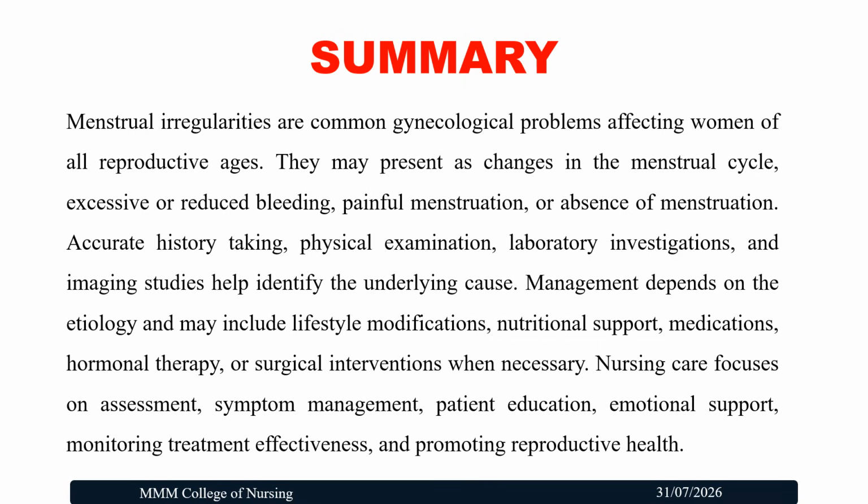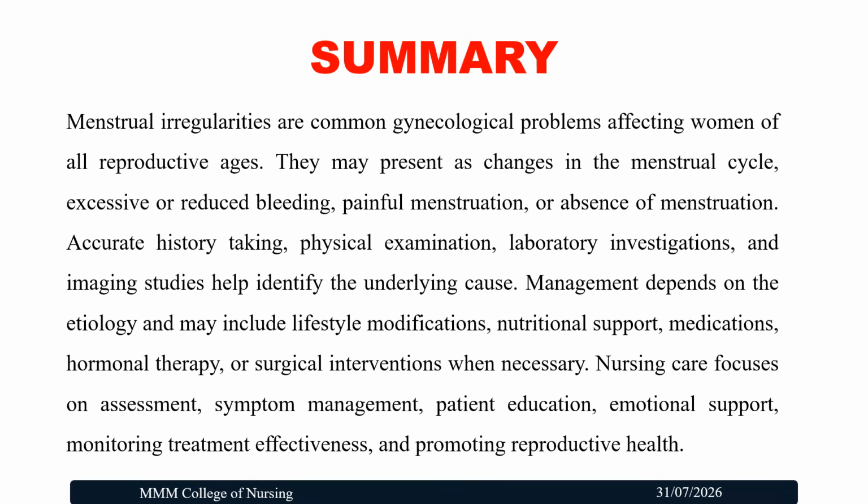Summary: menstrual irregularities are common gynecological problems affecting women of all reproductive ages. They may present as changes in the menstrual cycle, excessive or reduced bleeding, painful menstruation or absence of menstruation. Accurate history taking, physical examination, laboratory investigation, and imaging studies help to identify the underlying causes.